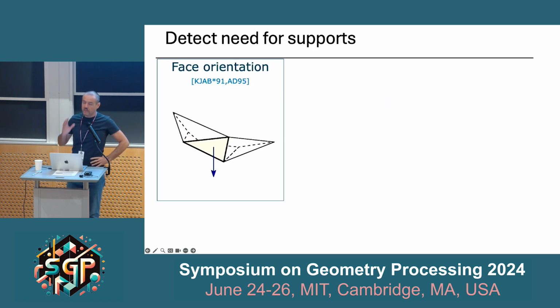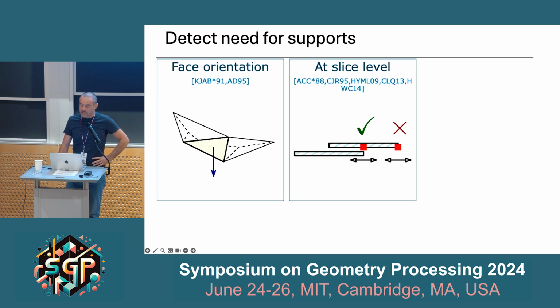So to detect the need for supports, you can use the surface directly. So triangle by triangle, you observe the normal direction, and you see if this is facing down to the building platform with a certain angle. If so, you tag that triangle as needing support. Or you can do that at the slice level.